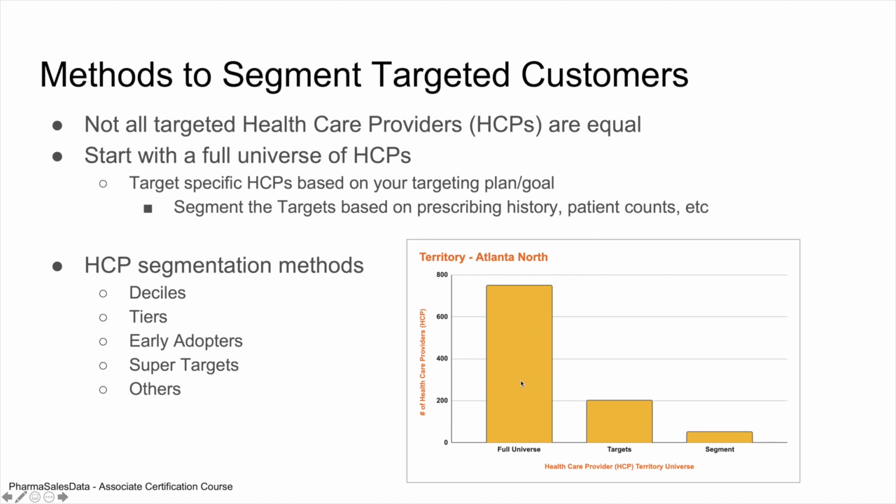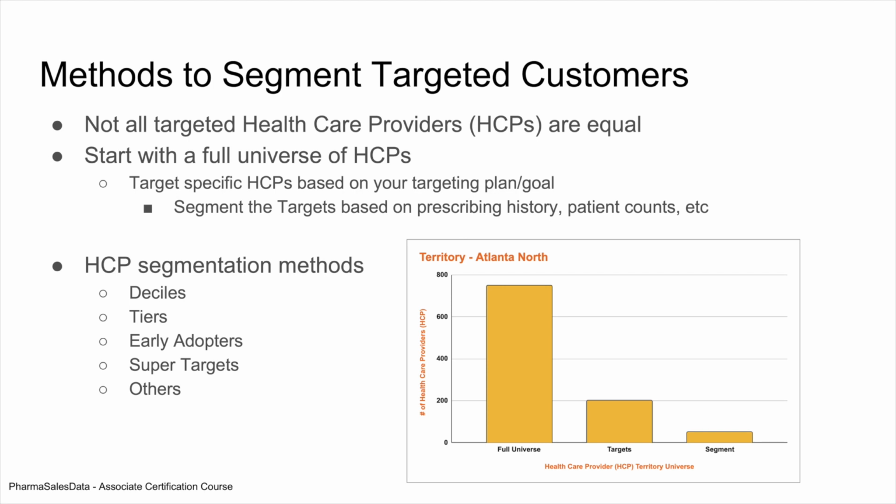The full universe of healthcare providers is about 775. That means there are approximately 775 healthcare providers, writers, within this full universe. Of that, there's only about 200 targets that we're going to target for actually having the rep call on, because the rep is not going to call on the full universe.